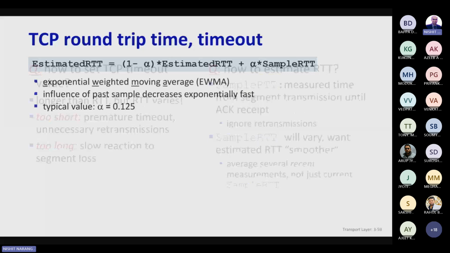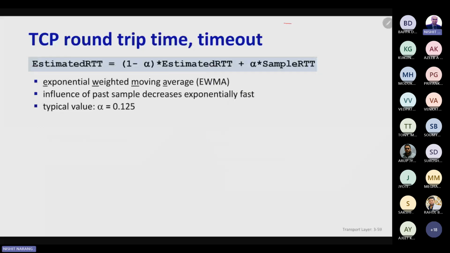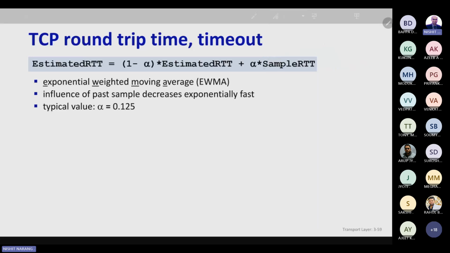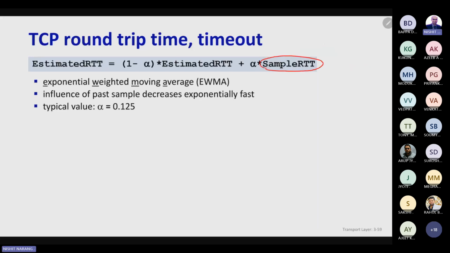So what is TCP doing? Every time I send a packet and I get an acknowledgement, what do I have? I get one reading of the round trip time. I send the next packet, I get an acknowledgement, I get a new reading for the round trip time. So TCP is constantly measuring round trip times, and this is what we call a sample round trip time.